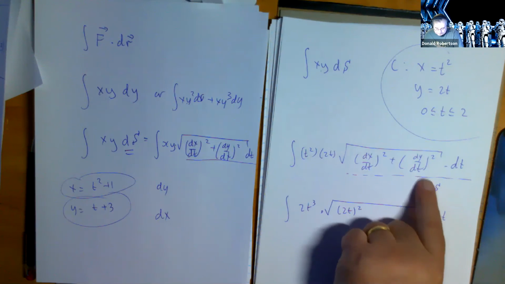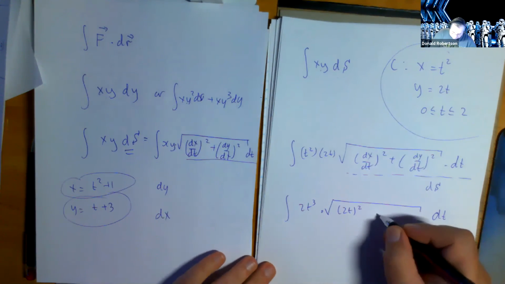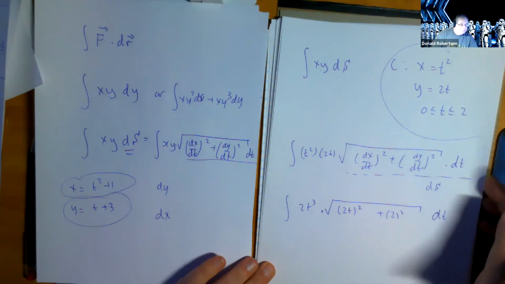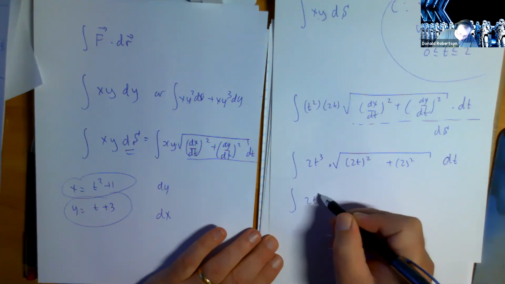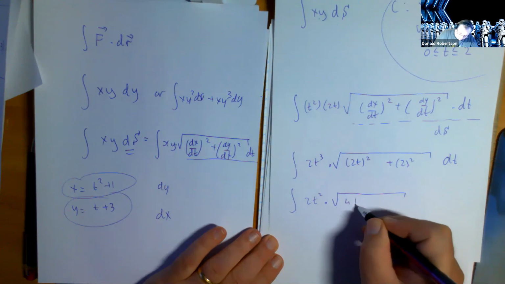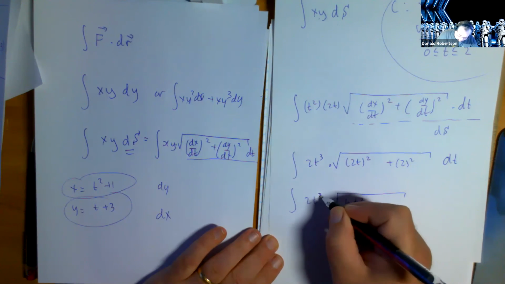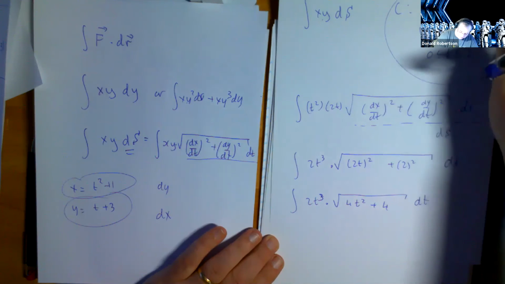And if you want to do dy by dt, you differentiate this, which is 2, and then you square it. So I'm now looking for the integral of 2t cubed times the square root of 4t squared plus 4 dt.